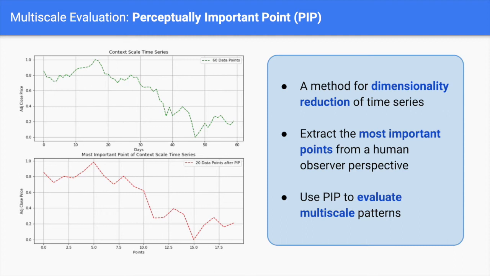And we can see that all of the important features of the original time series are still there, even when we use less than half of the data points to represent the time series. And we're going to use PIP combined with a concept called permutation entropy to evaluate the multi-scale patterns of our clusters. Amaury, please go ahead.